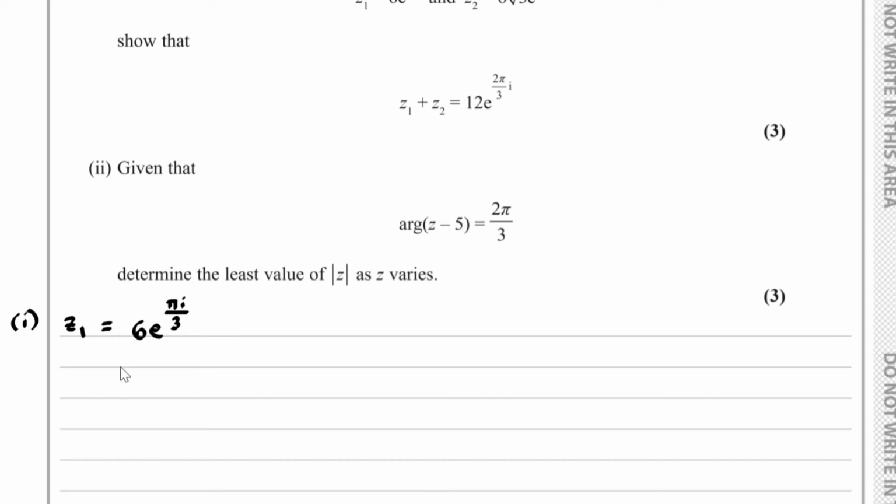Now we can find out what this is equivalent to. This will be equivalent to 6 multiplied by cos of pi over 3 plus i sine of pi over 3.